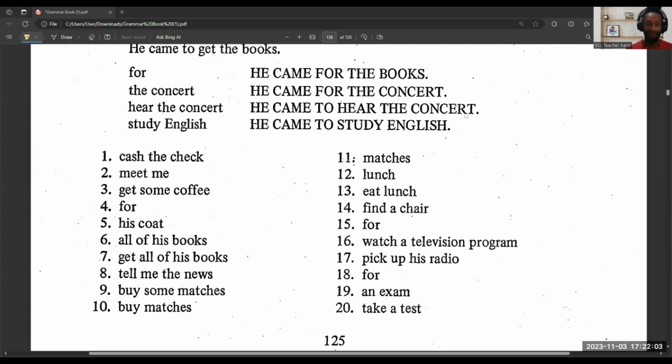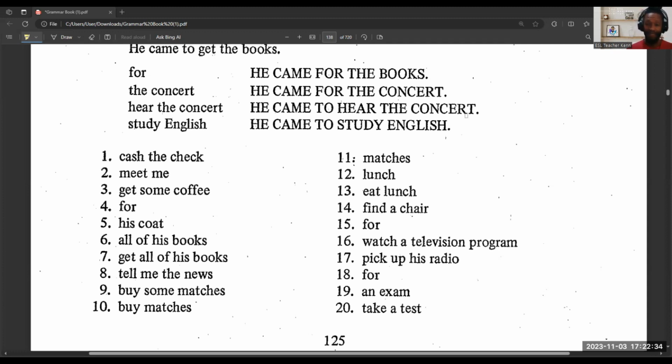Matches. He came for matches. Lunch. He came for lunch. Eat lunch. He came to eat lunch.